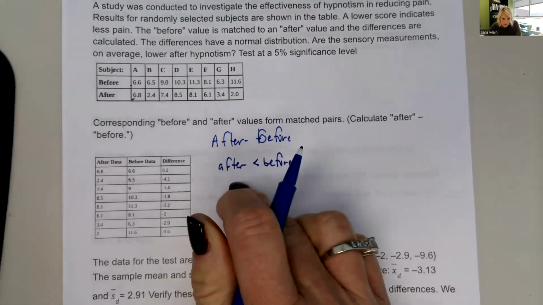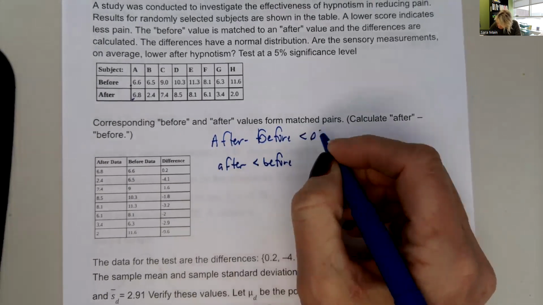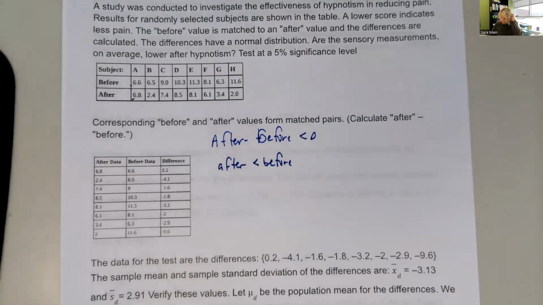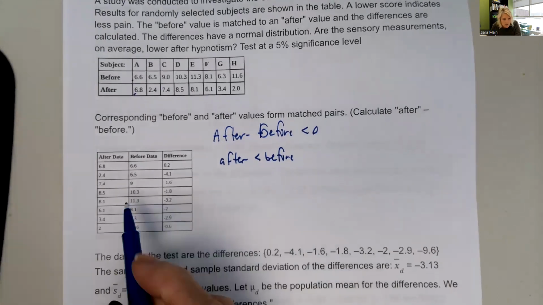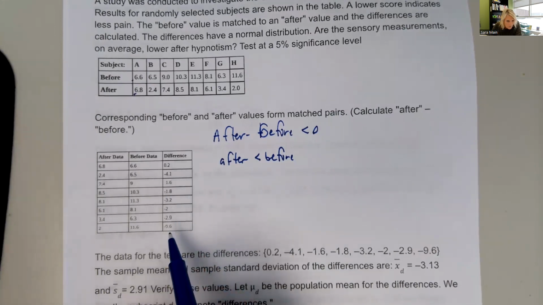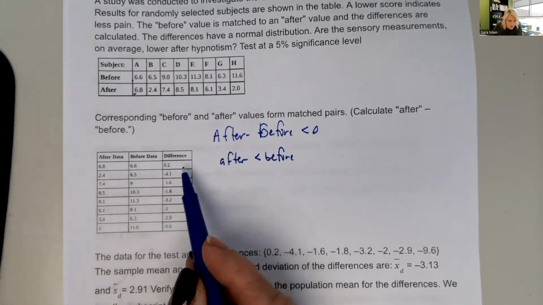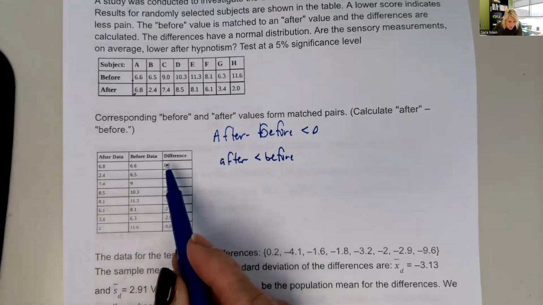We hope that their pain goes down. So we hope that this is a negative value. When we took the differences, the after minus the before, the first one, remember their pain went up, so they have a positive difference.